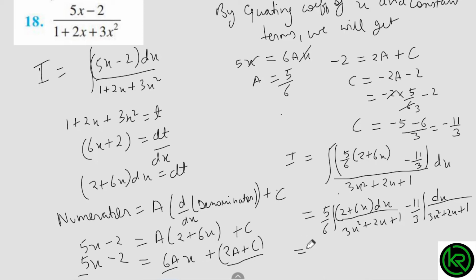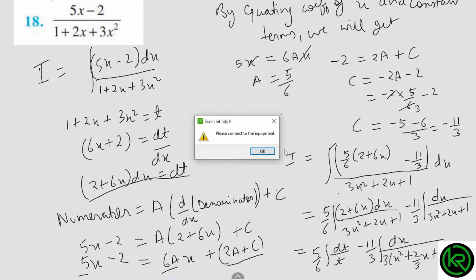Now students, 2 plus 6x dx is equal to dt, so we will write dt here, and downside it is t, and on this side 11 by 3 dx, and students, here we will take 3 common to complete the square: x square plus 2 by 3 will come, and plus 1 by 3.